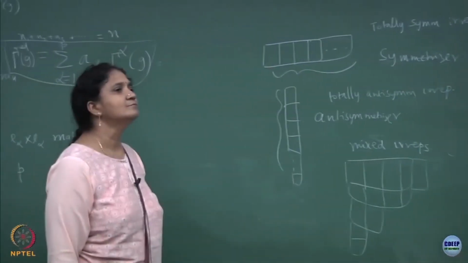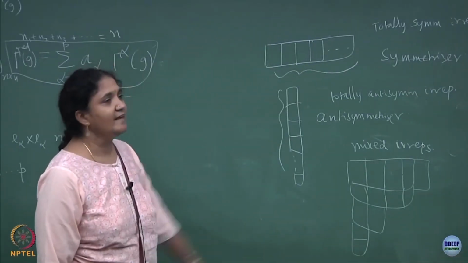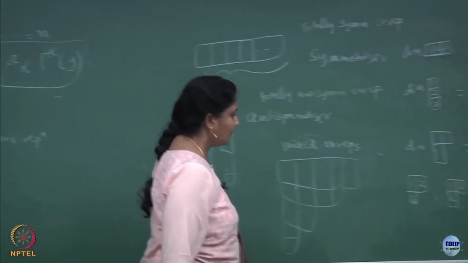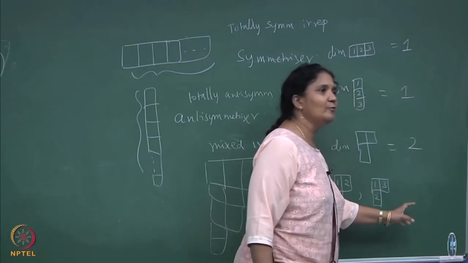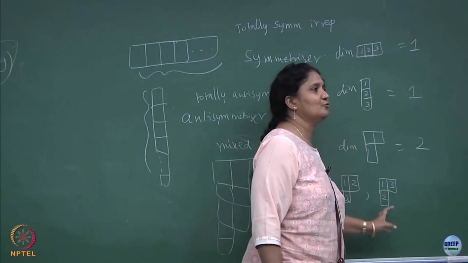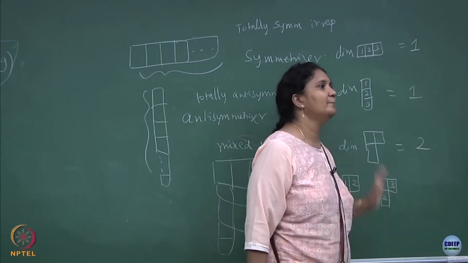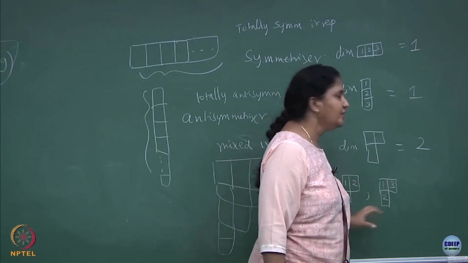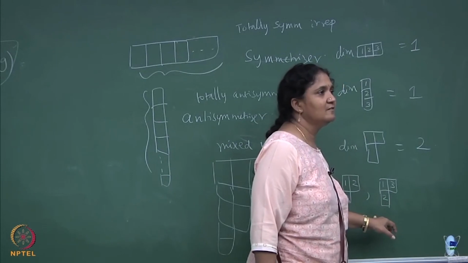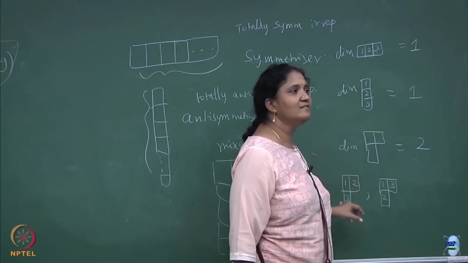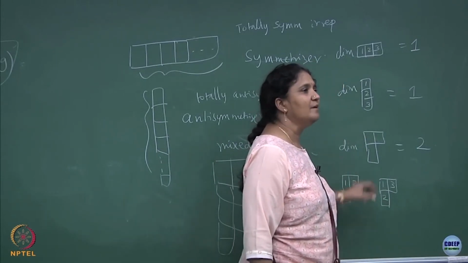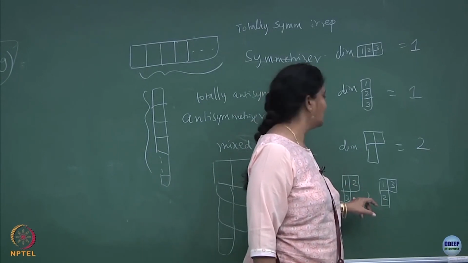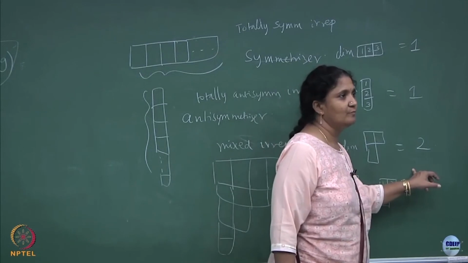Okay. Are there any more possibilities, you can ask? But I am trying to tell you that if you try to do that, you can show it to be a linear combination of these two. It is not independent. Okay. So, these two are the two independent possibilities of putting the 3 objects in a mixed diagram. Okay. So, that is why it is 2.